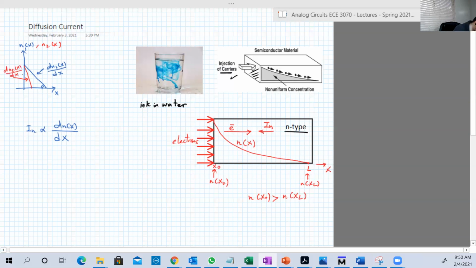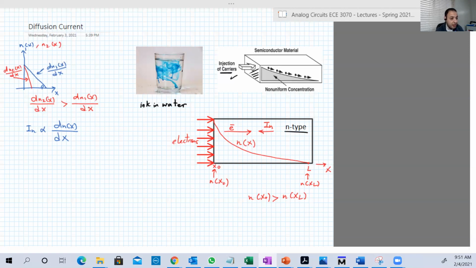In that case, dN2 of X by dx is greater than dN1 of X by dx. So we expect to have more current with N2 of X than the current in the case of N1 of X. Okay, so In is proportional to dN of X by dx.